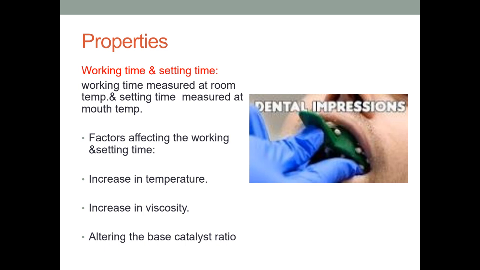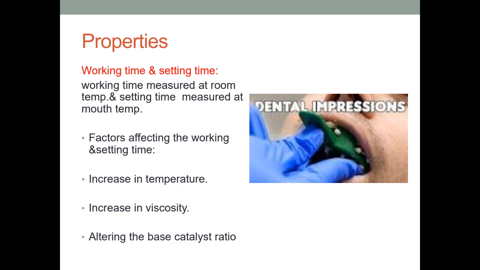Coming to the properties, working time and setting time are very important. They are different at room temperature and mouth temperature. If the room temperature is high or low, it can affect the setting of the material. If it is low, it can prolong the setting. If it is very hot, it can accelerate the setting.